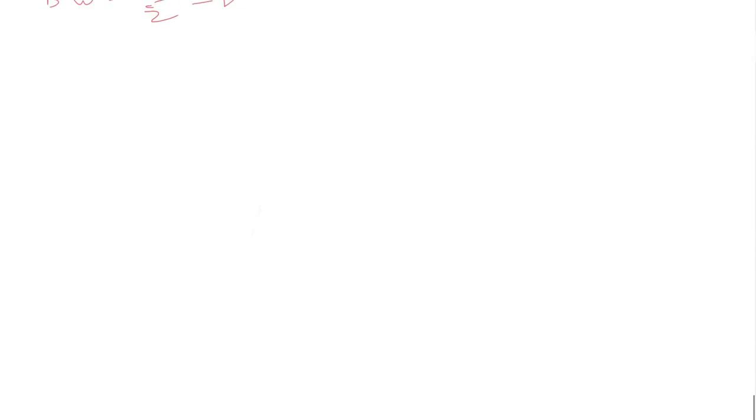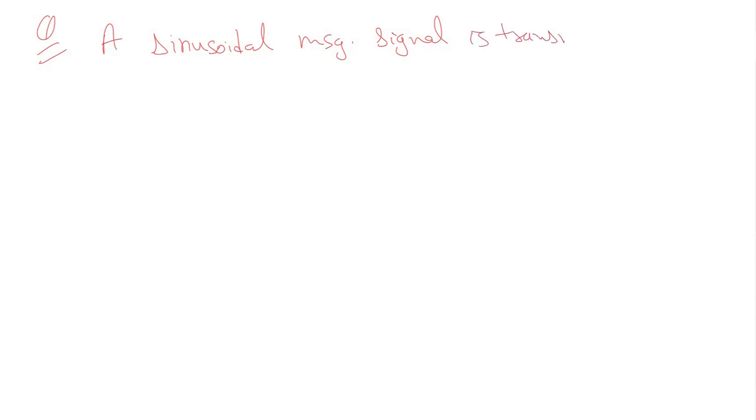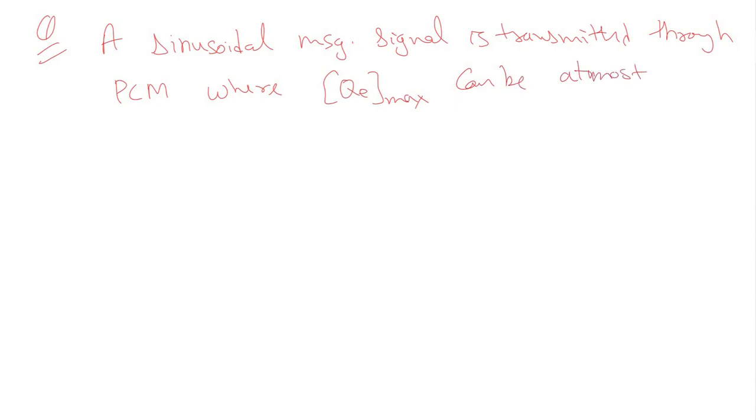You may note down one more different type of question here. It says that a sinusoidal message signal is transmitted through PCM where the maximum value of quantization error can be at most 2% of peak to peak amplitude of message signal.